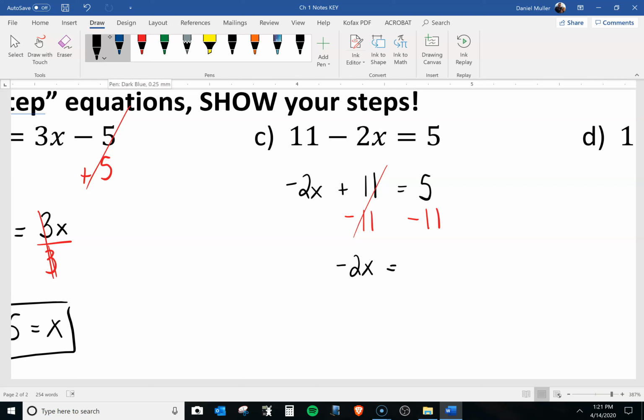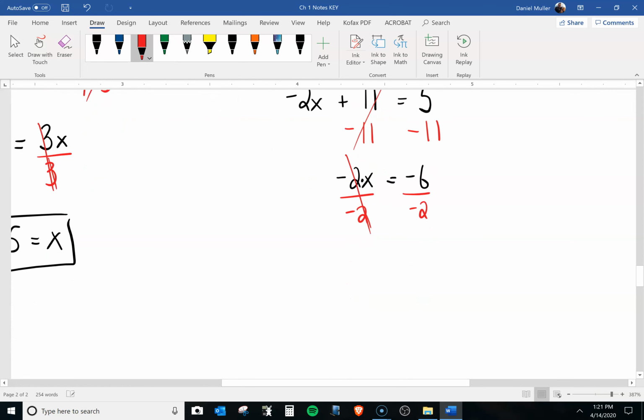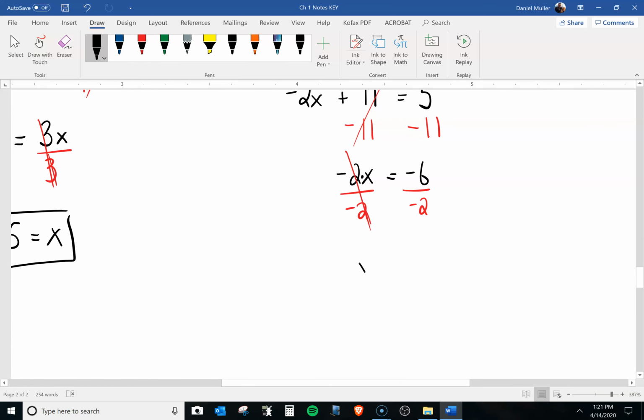So 11 bad guys and 5 good guys. So the winner would be the bad, and there's going to be 6 more than them. So it's negative 6. Now this is timesing, so I will divide by negative 2. So those are gone. I'll do that to this side too, a negative 2. Therefore, x is alone on the left side. On the right side, negative 6 divided by negative 2 is a positive 3.